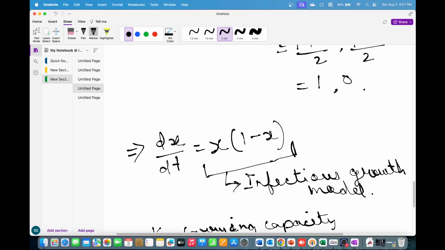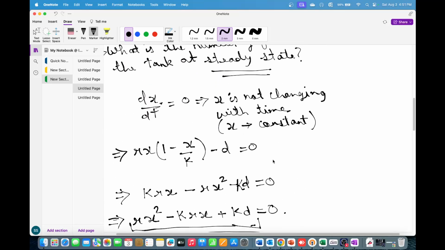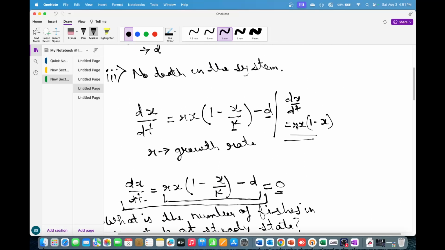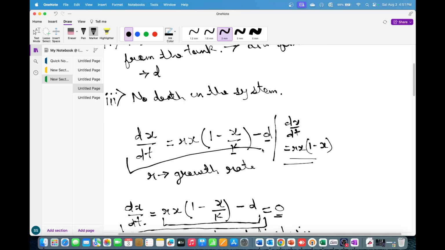So this whole thing that I did, I just wanted to show you all the models, the equations that we use here.